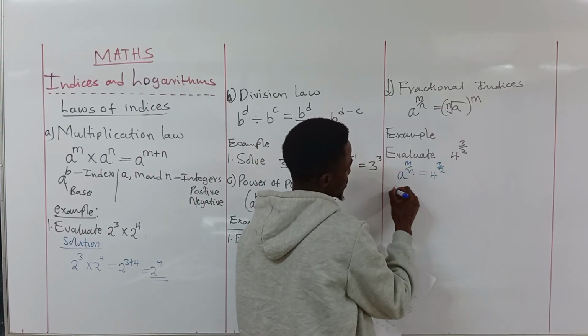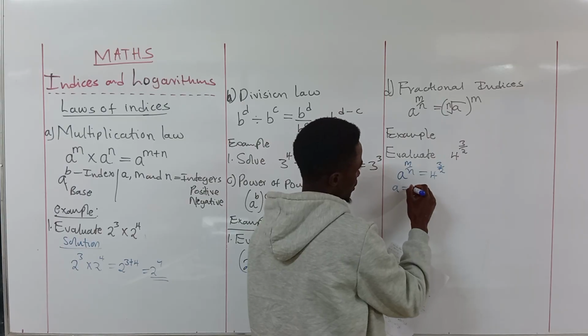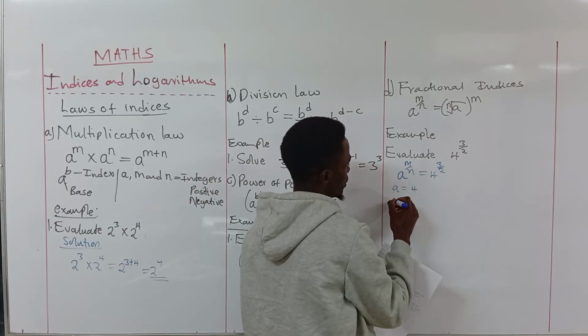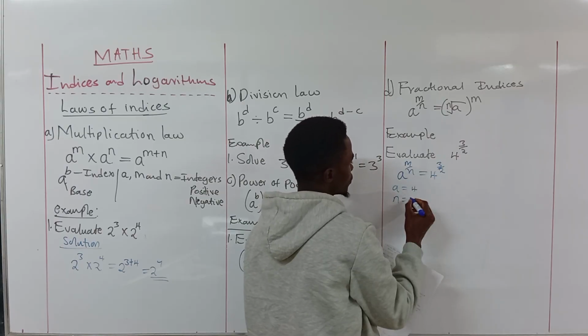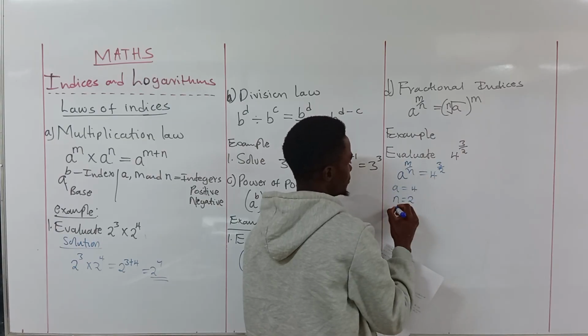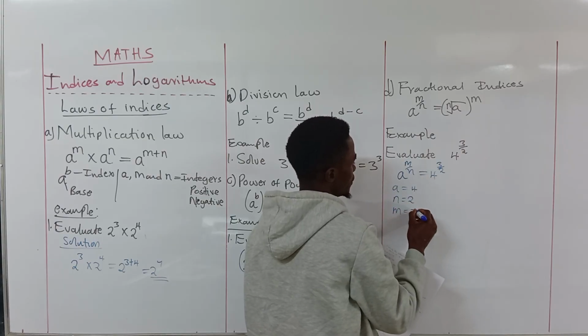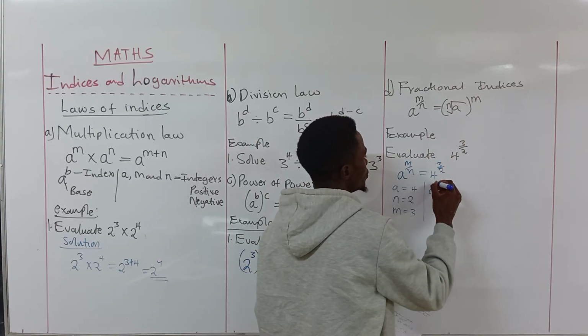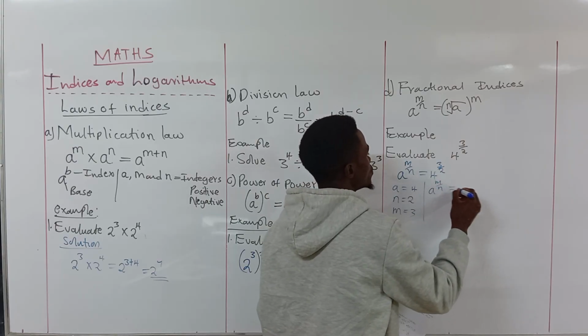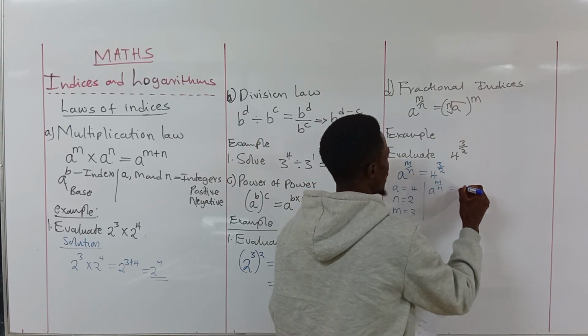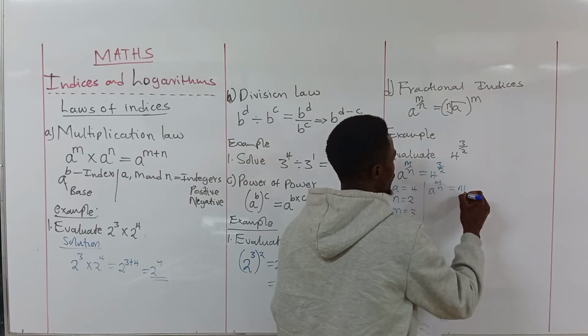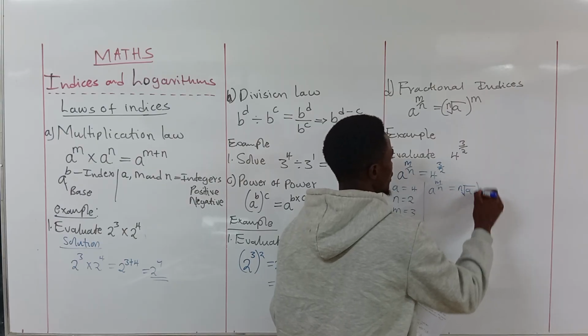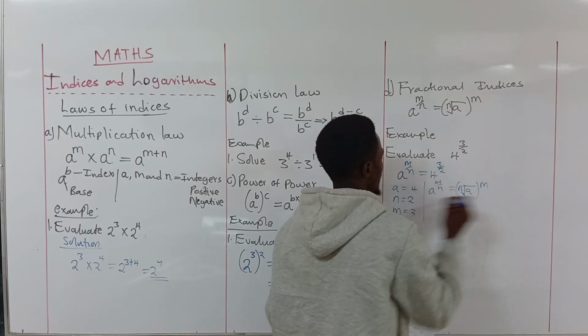So for our case, a is equal to what? A is 4, n is going to be 2, and m is going to be 3. Now, the solution to this, a raised to m over n, is the nth root of a, then raised to power m.